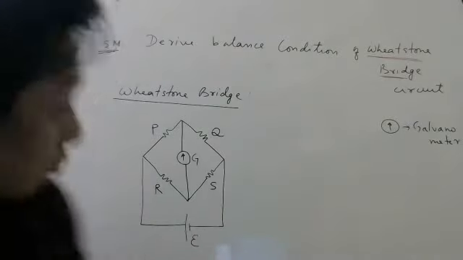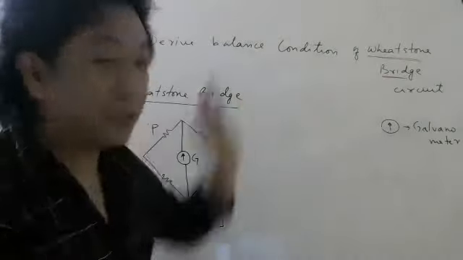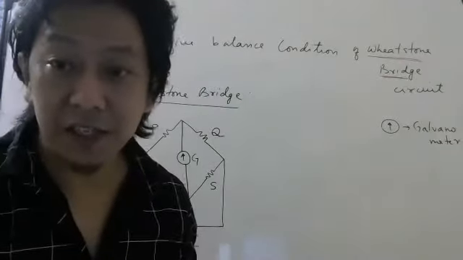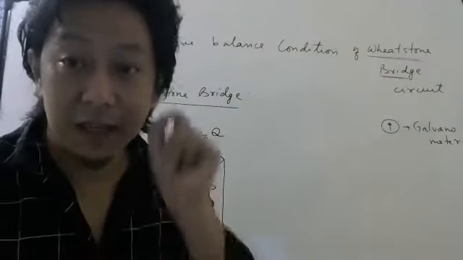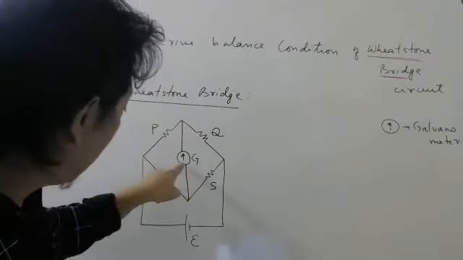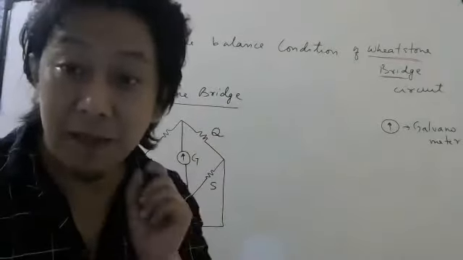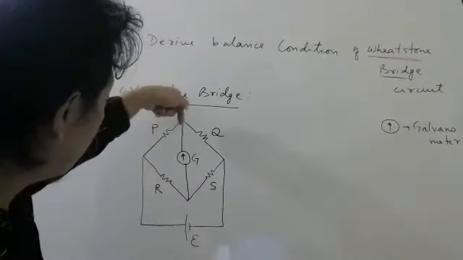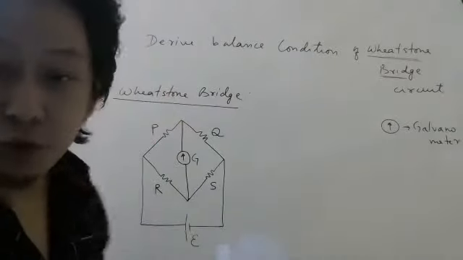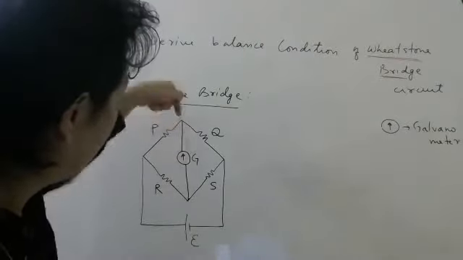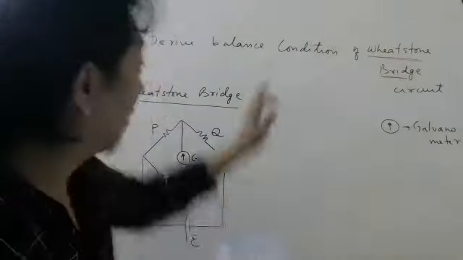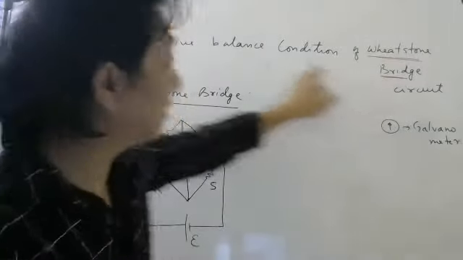Now, what we have to find is balance condition. What is the meaning of balance condition? Balance condition means that condition when the galvanometer is balanced. By balance, what do I mean? No current should flow this side. That is the meaning of the bridge is balanced.